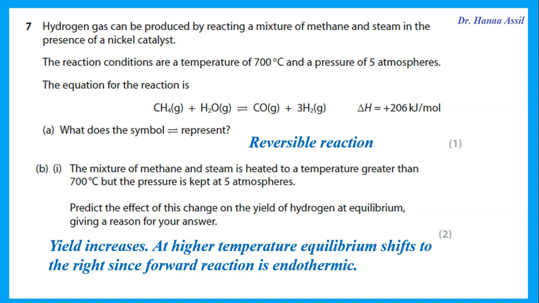So that means here, increasing the temperature, the reaction goes forward, or equilibrium shifts to the right, and that means I get more hydrogen, so the yield increases. Remember, yield means the amount of the product. The yield of hydrogen increases. This is because at higher temperature, equilibrium shifts to the right, since the forward reaction is endothermic.